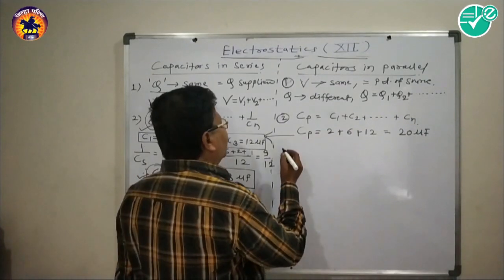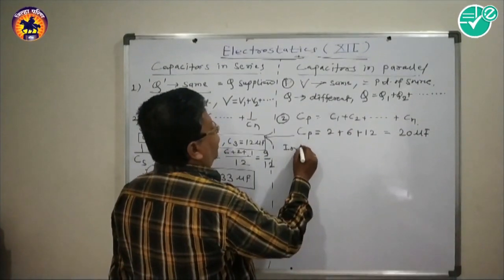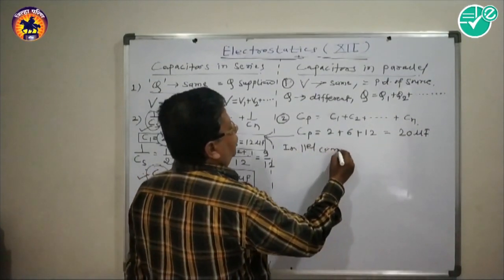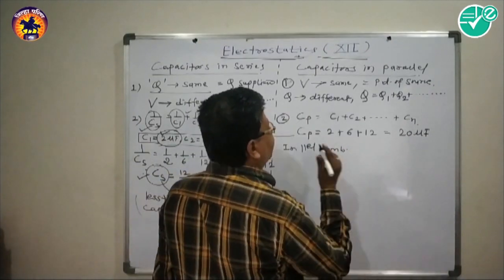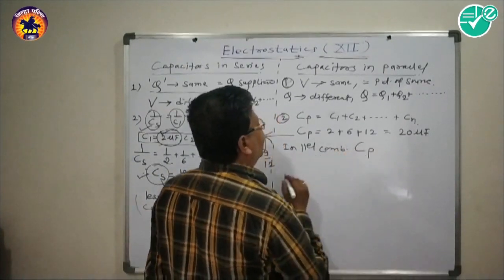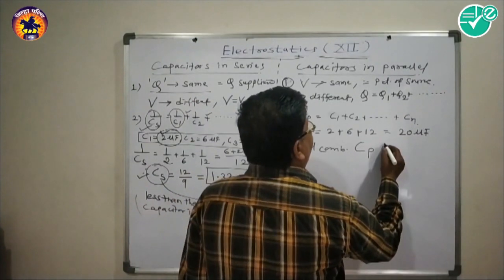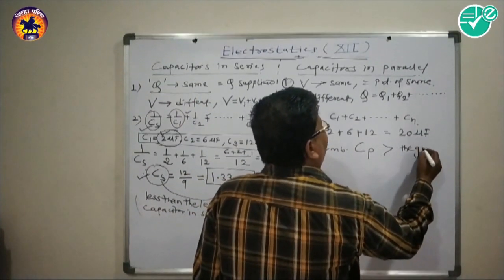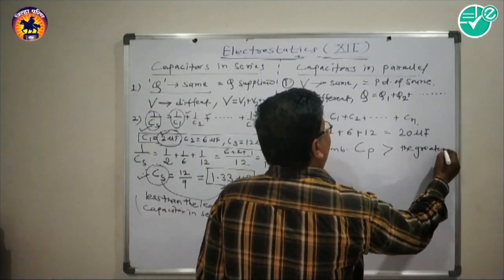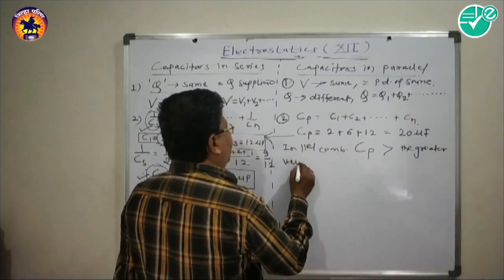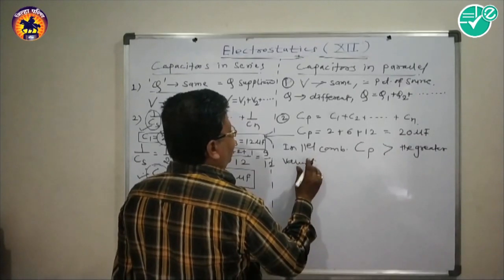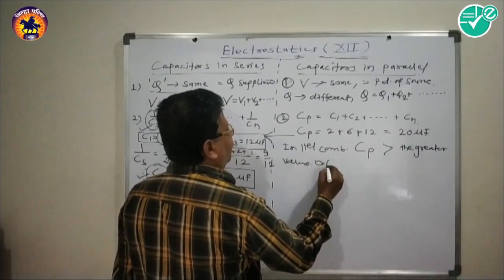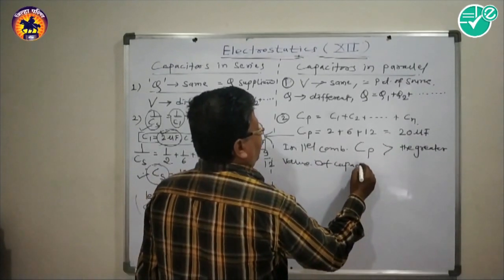Then we draw the conclusion that in parallel combination of capacitors, the equivalent capacitance is greater than the greatest value of capacitance in parallel.